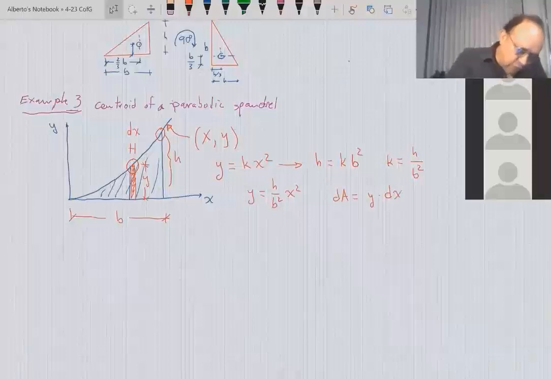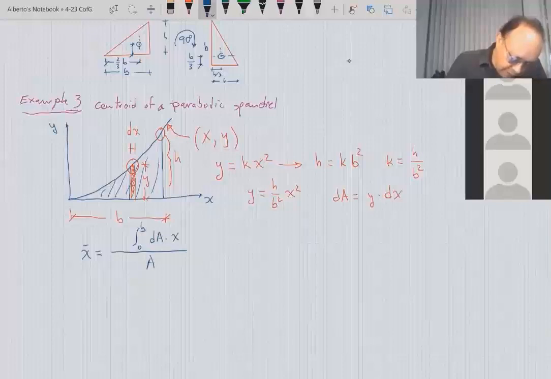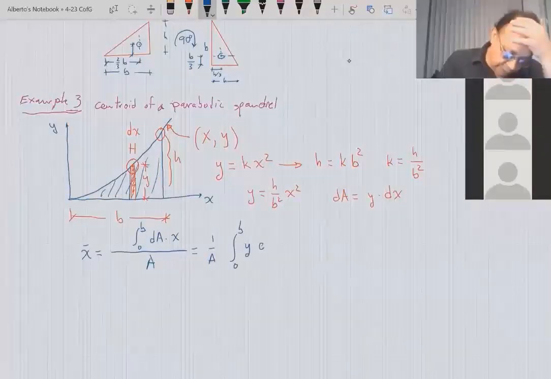So our equation of x bar is equal to the integral from 0 to b of dA times x, divided by the area. So it's going to be 1 over A, the integral from 0 to b of the differential of area, which is y dx, multiplied by x.